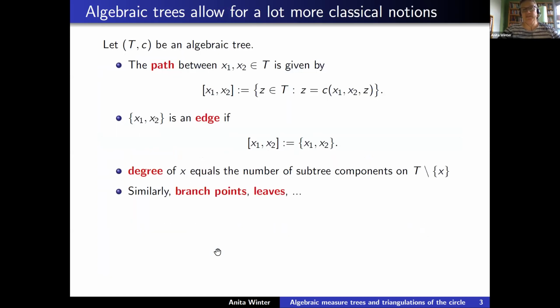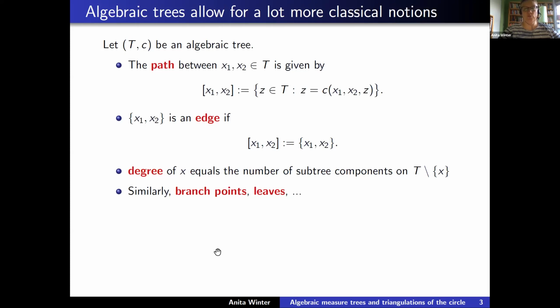So algebraic trees behave more like these graph theoretical trees. They allow for a lot of classical notions. For example, if you want to define the path between x1 and x2, connecting them, then you just define it as being the set of all points z in T, such that z is the same as the branch point of x1, x2, and z.